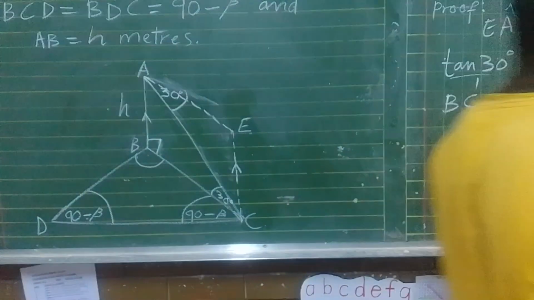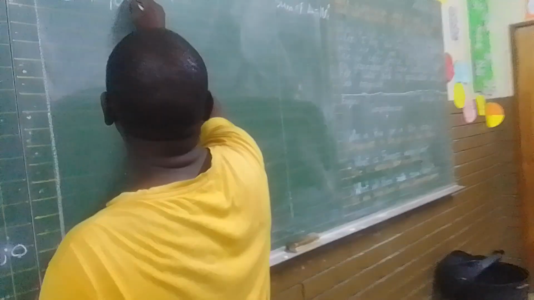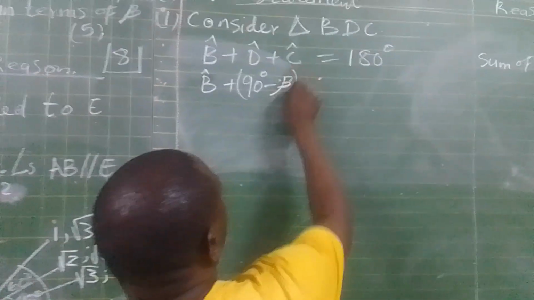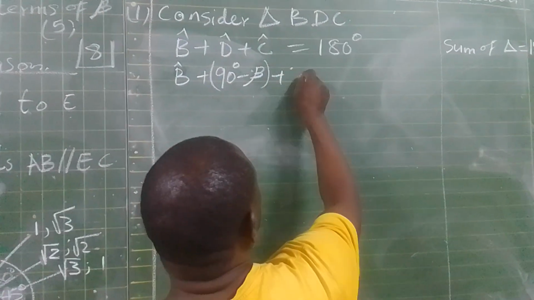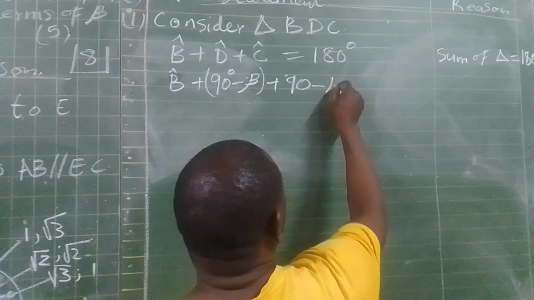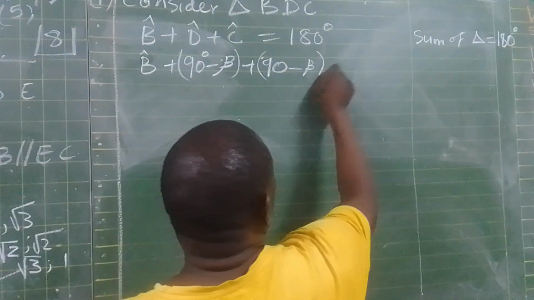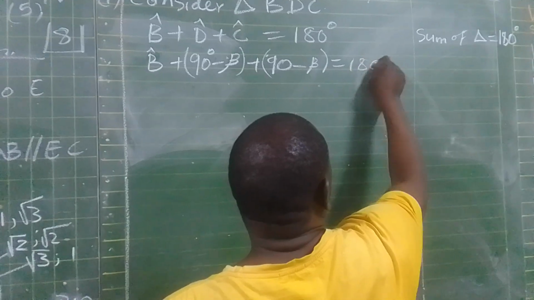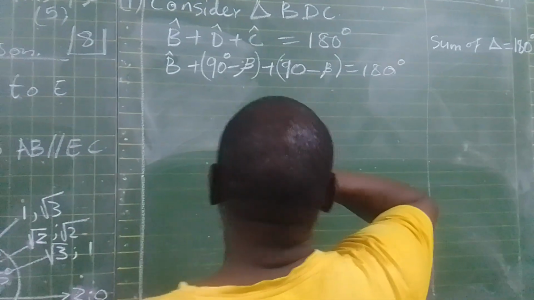Now we come to say B plus 90 degrees minus beta, that is D, plus C, it's also 90 minus beta, is equal to 180 degrees.